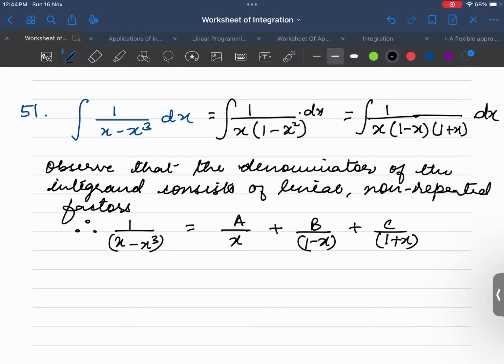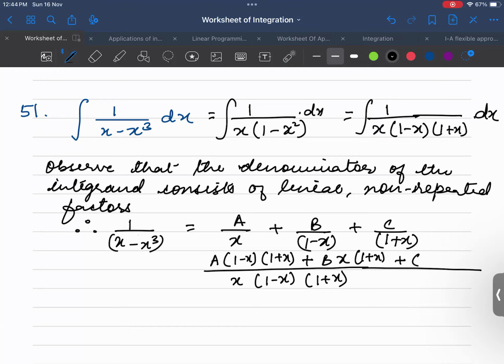Again, take the LCM: x, 1 minus x, 1 plus x. It would be a into 1 minus x, 1 plus x, plus b into x, 1 plus x, plus c into x and 1 minus x. I think it's clear till that.